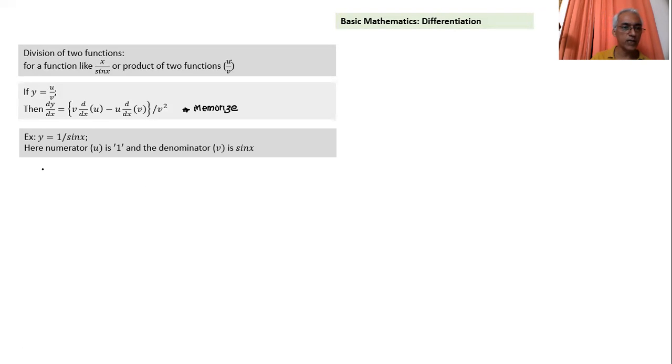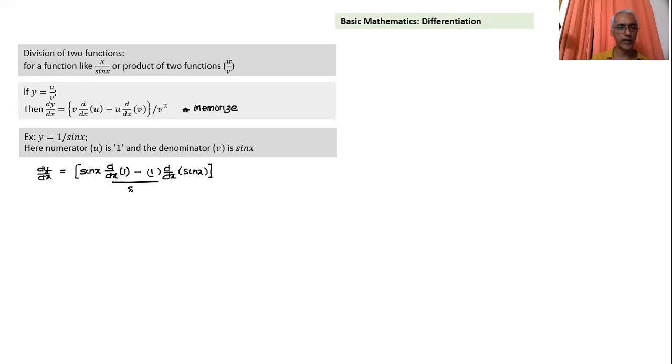So what would be dy by dx here? Dy by dx will be equal to denominator, sine x, into derivative of numerator, which is 1, minus the numerator into derivative of denominator, sine x, and whole thing divided by square of the denominator function.